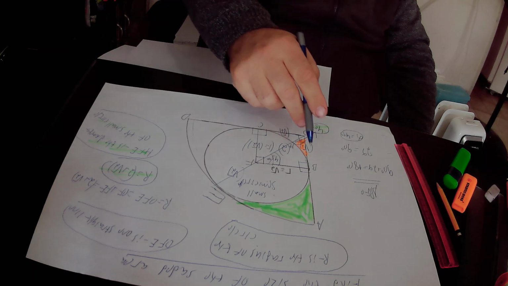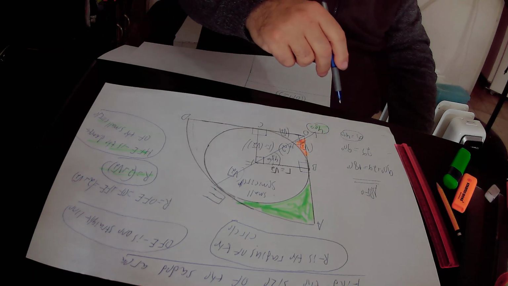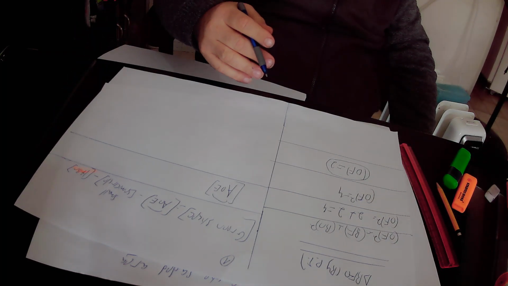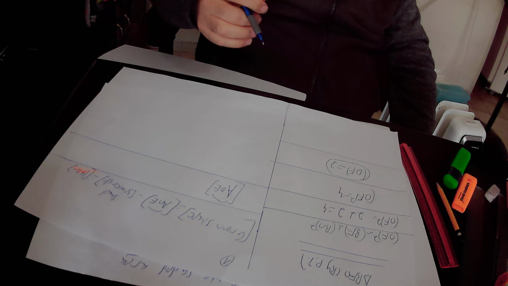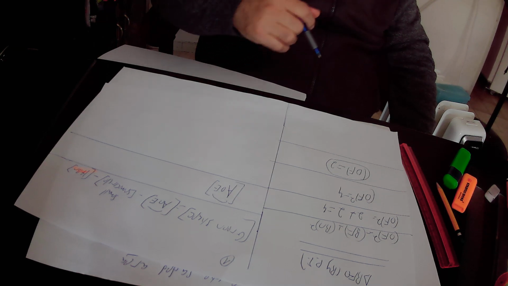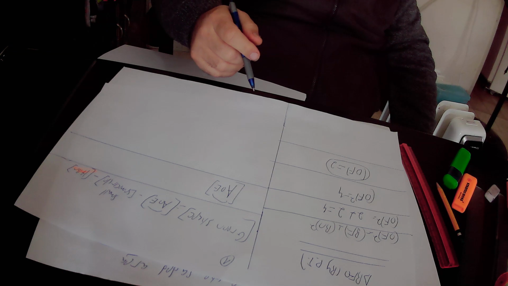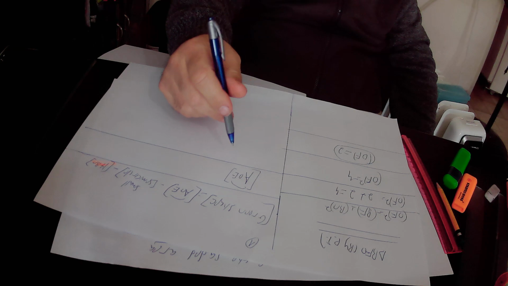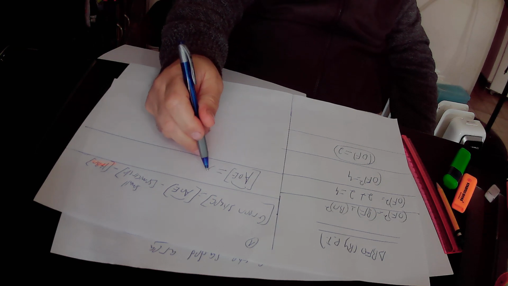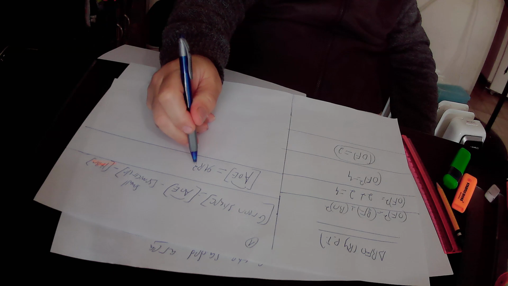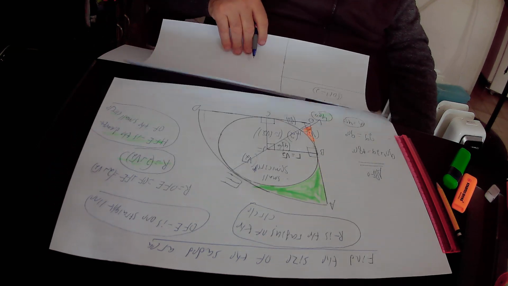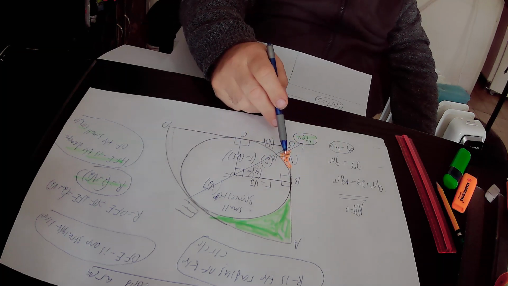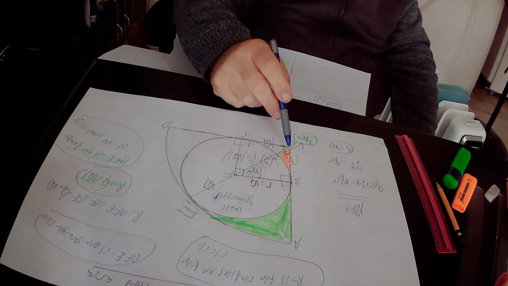The big sector AOE is part of the big circle, and we know that the area of any sector equals the area of the circle that contains the sector times the angle between the legs of the sector over 360 degrees.